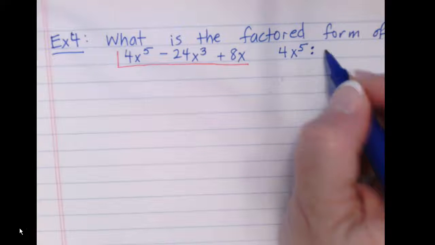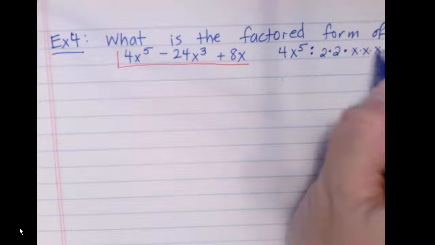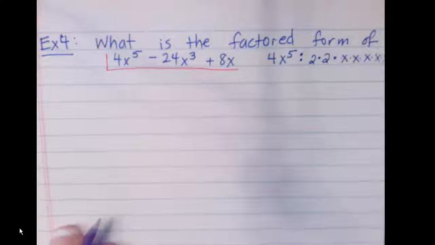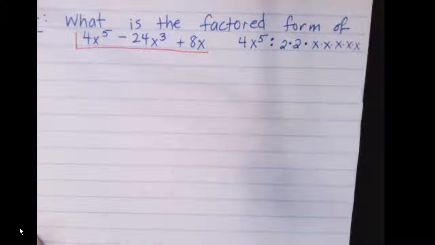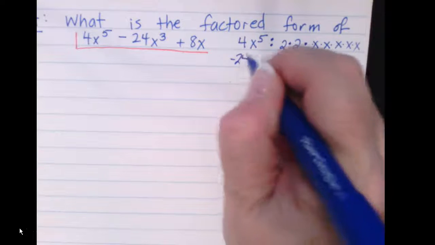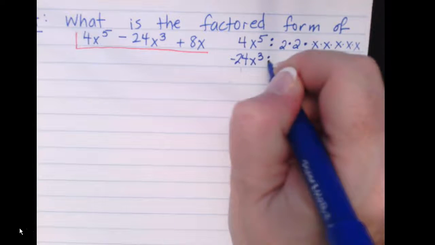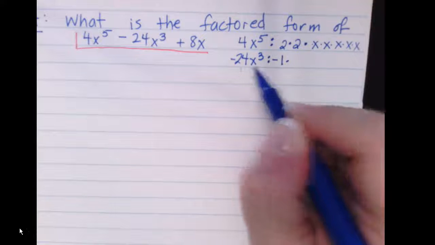So 4 is 2 times 2, and then x to the 5th is x times x times x times x times x. So that is the prime factored form of that monomial. Then let's take a look at the others. Negative 24x cubed. First of all, the first prime factor is -1.